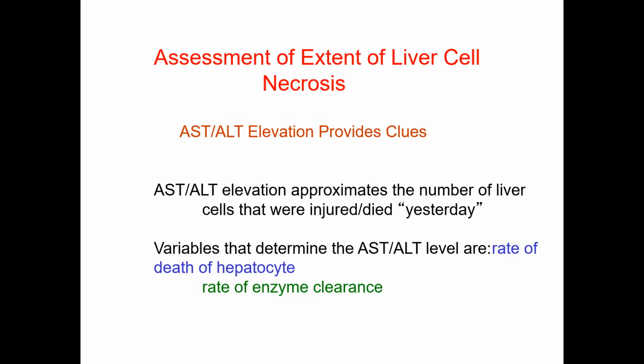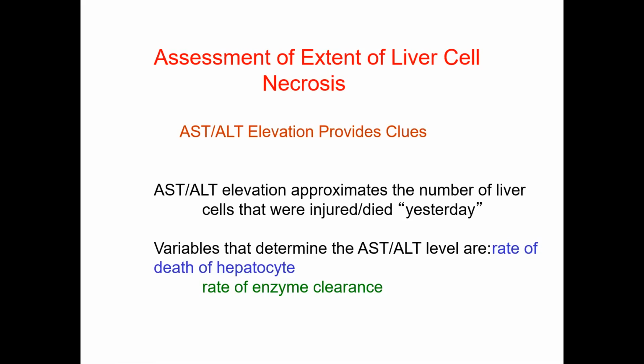As we have mentioned earlier, AST-ALT elevations are reflective of acute processes of one to two days, a picture of injury to the liver. So the variables that determine the AST and ALT levels include the rate of death of your hepatocytes.